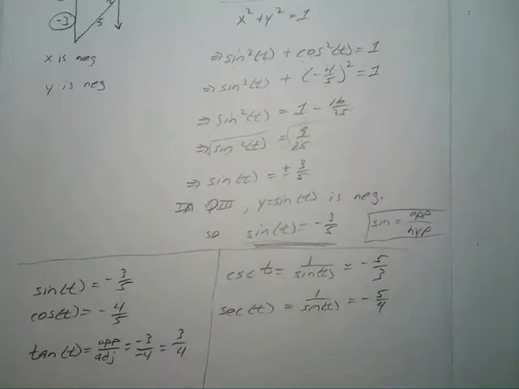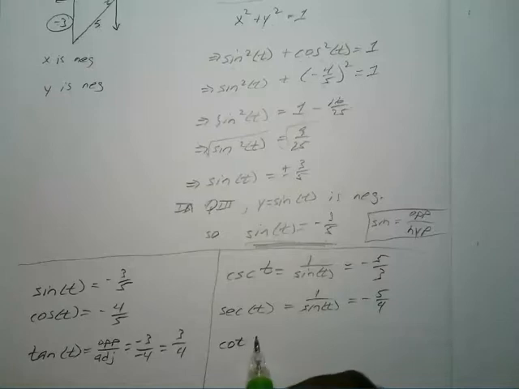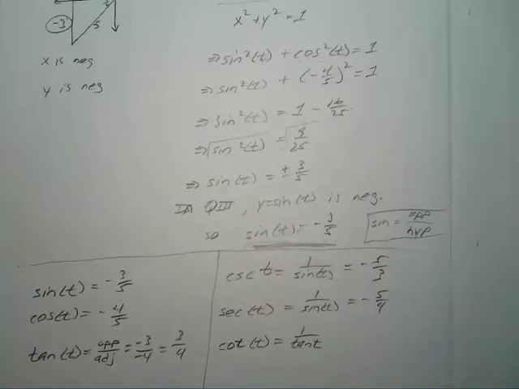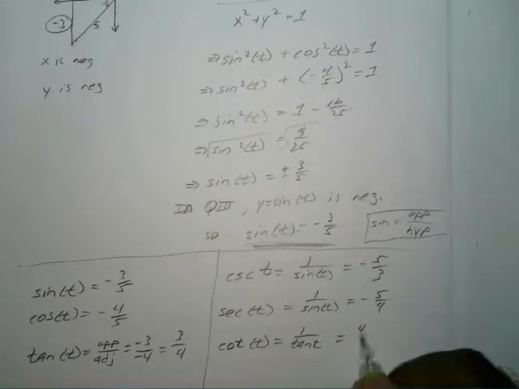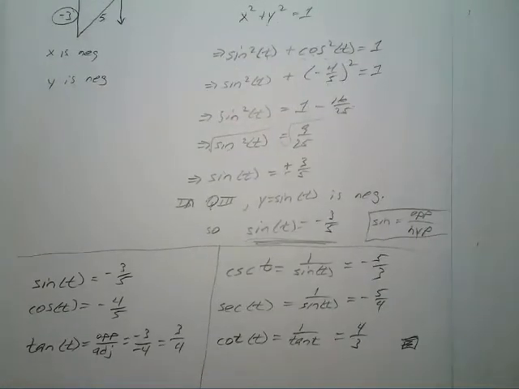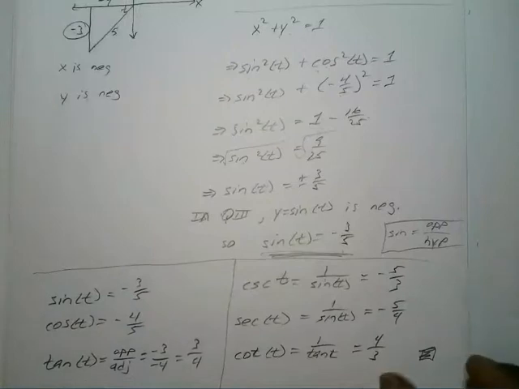Just flip it around. And cotangent is the reciprocal of tangent, so instead of 3/4, it's 4/3. That's how we find all 6 trig functions. If you are still writing, feel free to press pause, but we're going to move on to our next example.